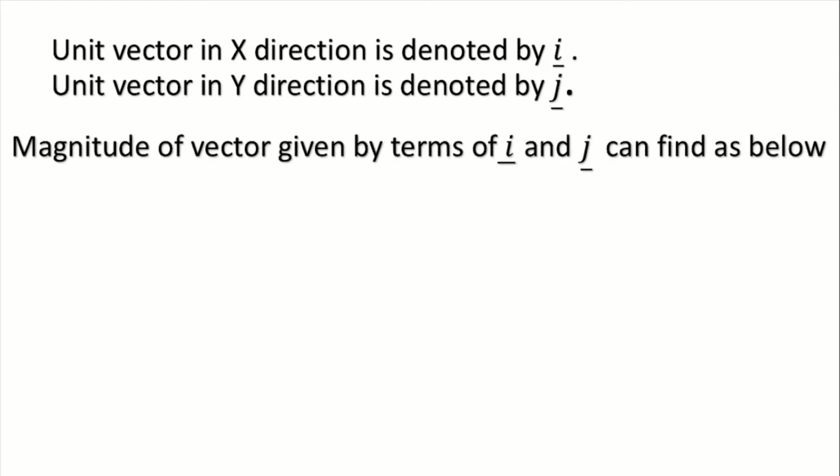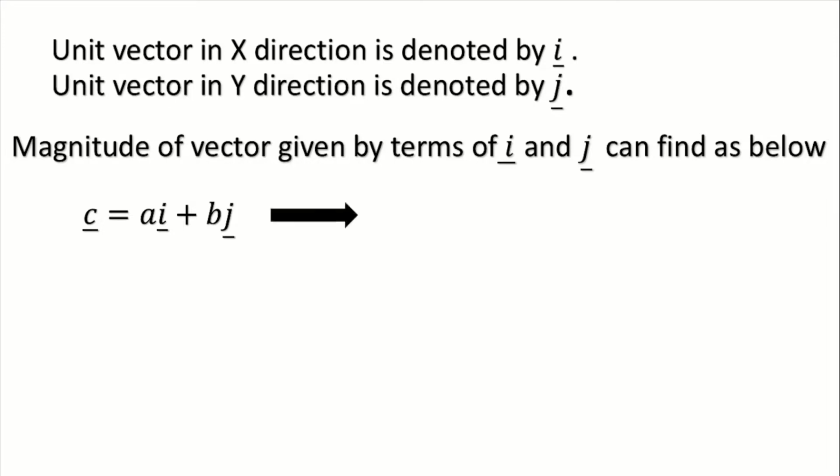The magnitude of a vector given in terms of i and j can be found as follows. I take an example. I denote vector c as ai plus bj, where a and b are real numbers in this situation.